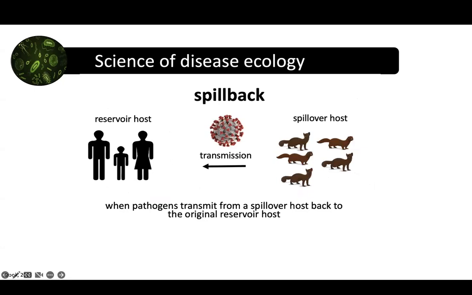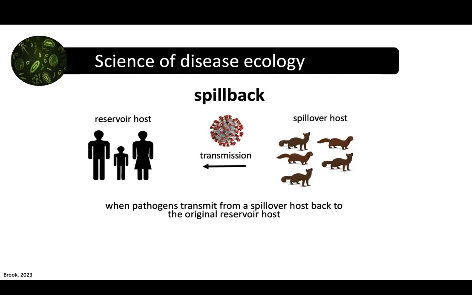And then there's this less commonly known term called spillback. Sometimes I've seen it referred to as reverse zoonoses. This is where pathogens transmit from the spillover host back to the original reservoir host, or most of the time it's from an animal back to a human. An example would be two instances that happened during the COVID-19 pandemic.